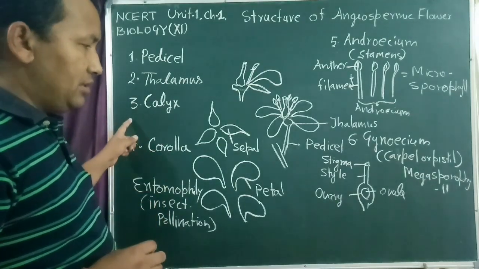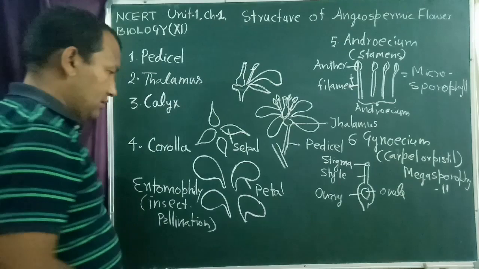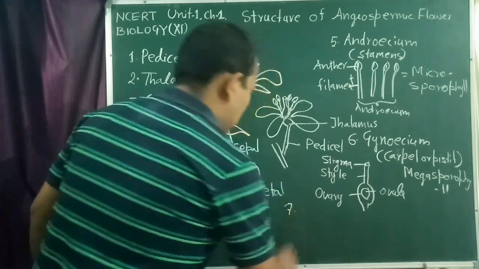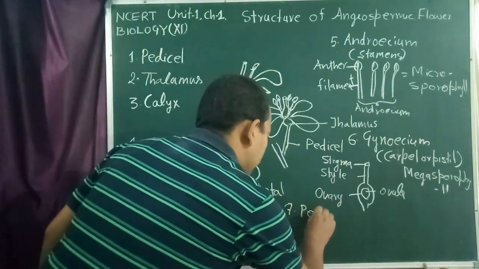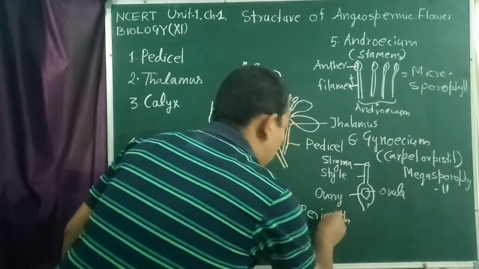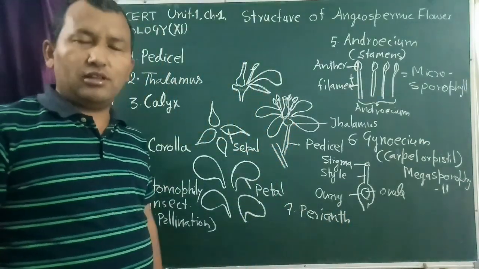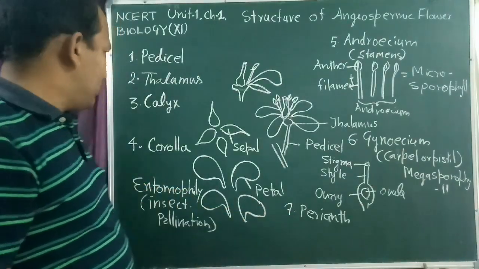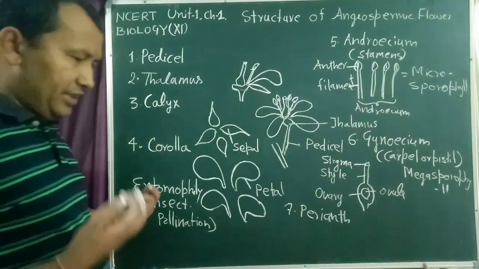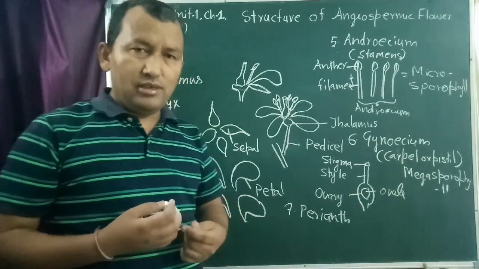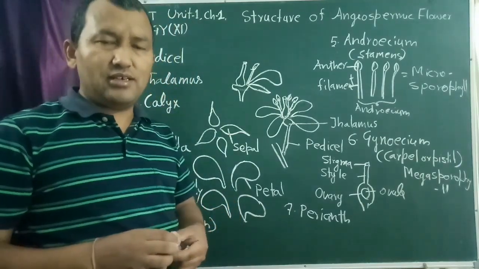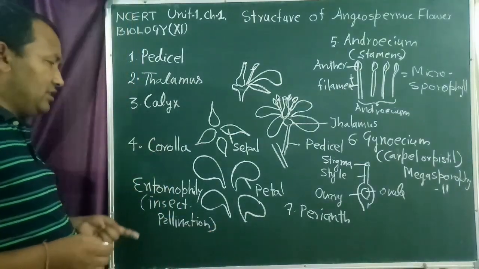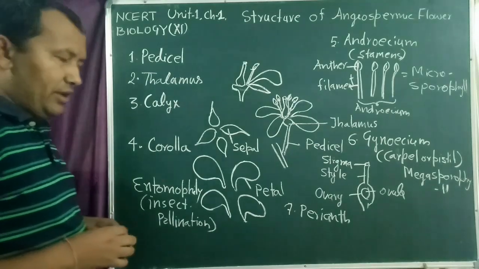One part we have forgotten, I am mentioning here, that is the seventh part, perianth. Perianth is also a part, not in all flowers, but in certain species of plants it is found. What happens is that sometimes calyx and corolla get fused in such a way that it is not possible to say which part is calyx and which part is corolla.